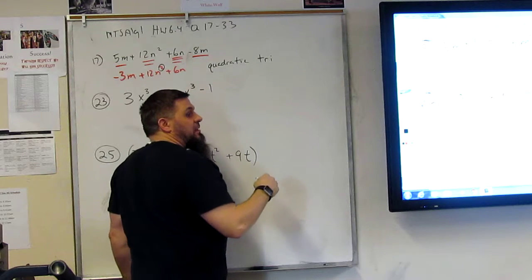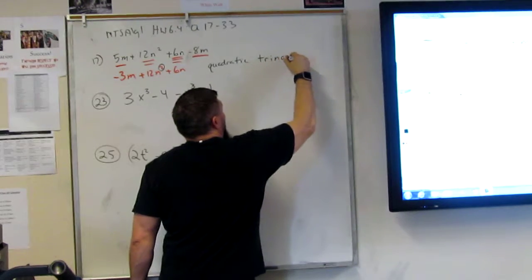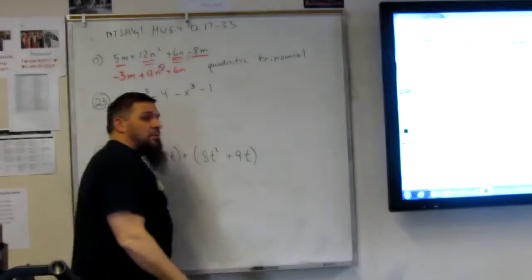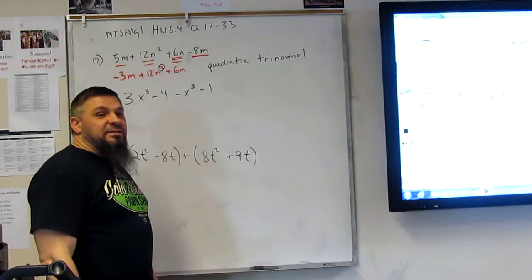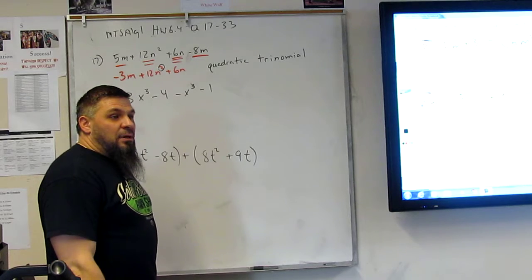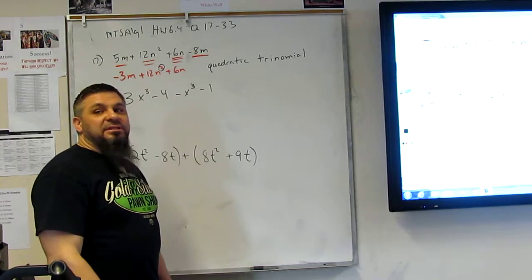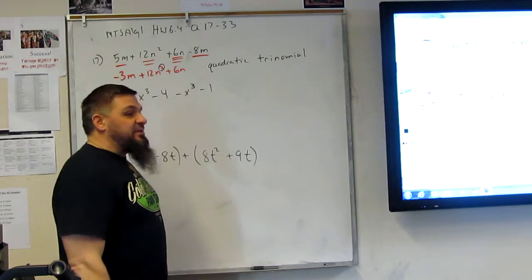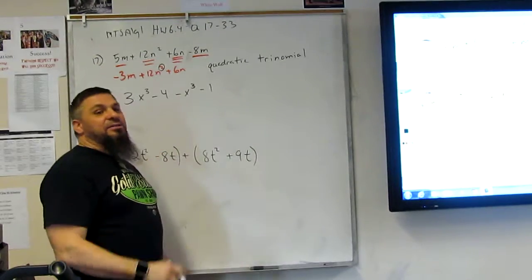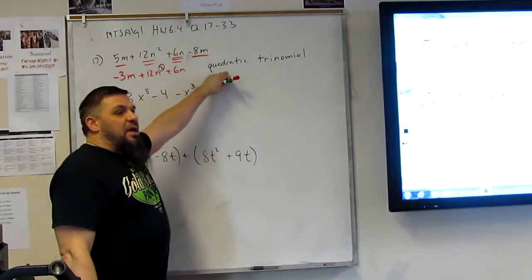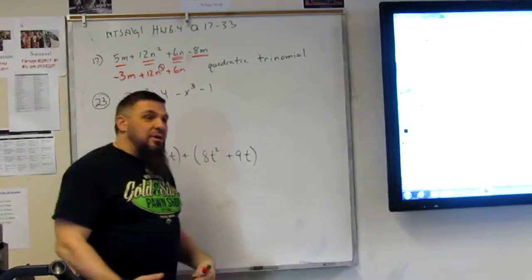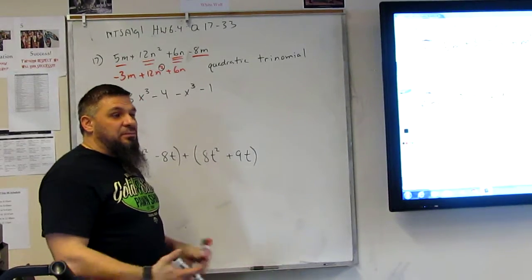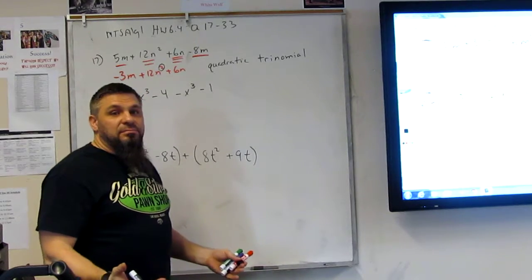Trinomial. I'm going to expect both of these, especially on the test. On every single thing we do on the test, you're going to tell me what every single answer is. Is that a quadratic trinomial? Is it a monomial? Is it a quartic monomial? Whatever it is, you're going to tell me.